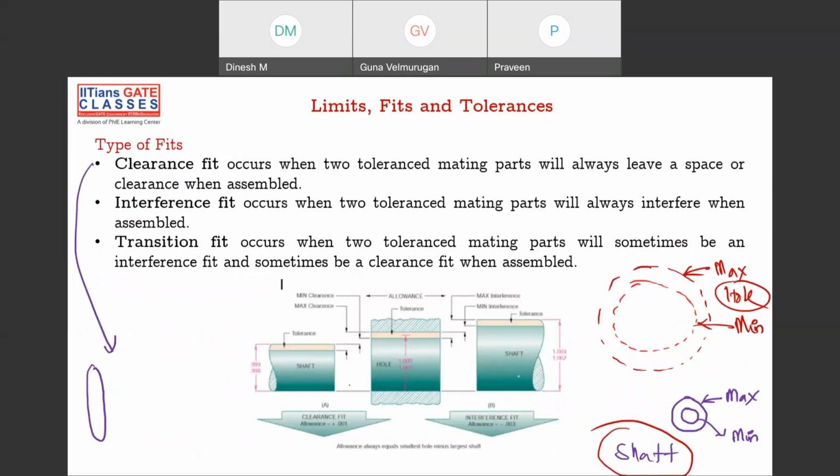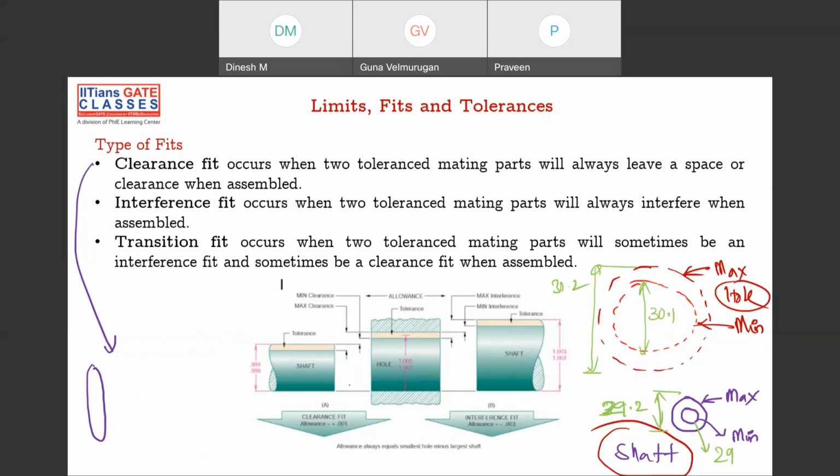Now, this is case one. Let us assume the minimum hole size is 30.1 and the maximum is 30.2, and the maximum size of shaft is 29.2 and the minimum size of shaft is 29.